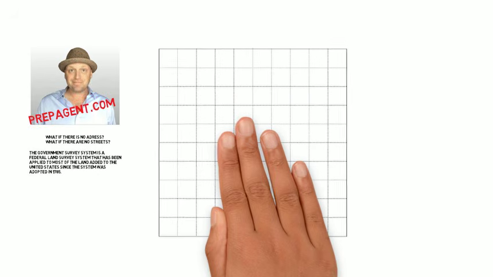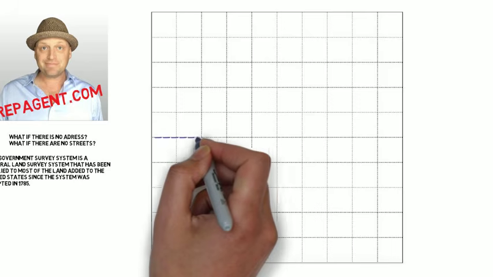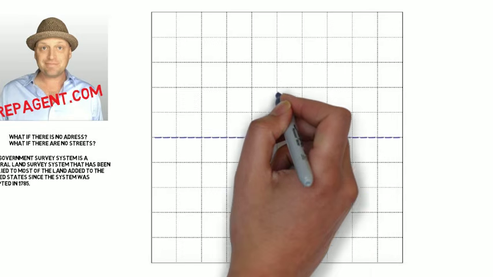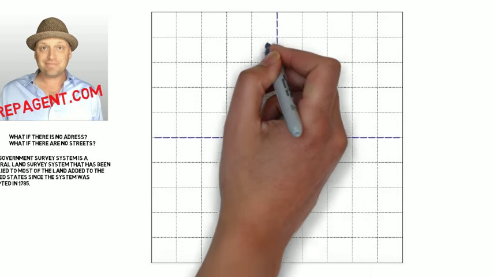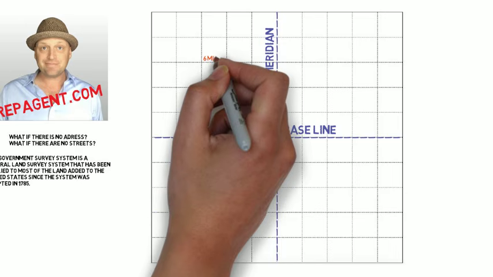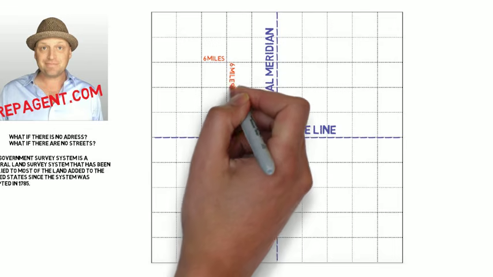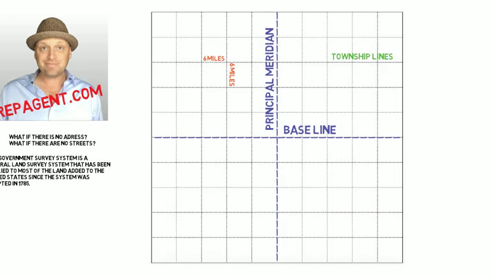Here's how it works. It starts by identifying reference lines, an east-west line called the baseline and a north-south line called the principal meridian. Lines are then drawn about every 6 miles parallel to the meridian and the baseline. The east-west lines are referred to as township lines, and the north-south lines are range lines.